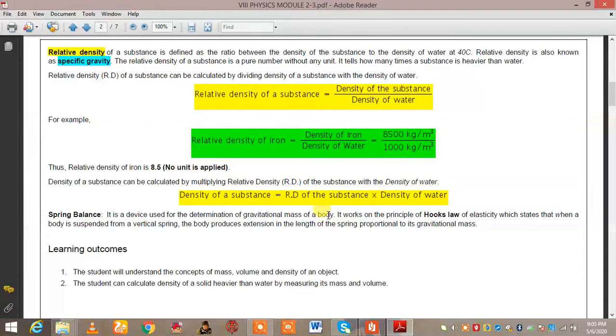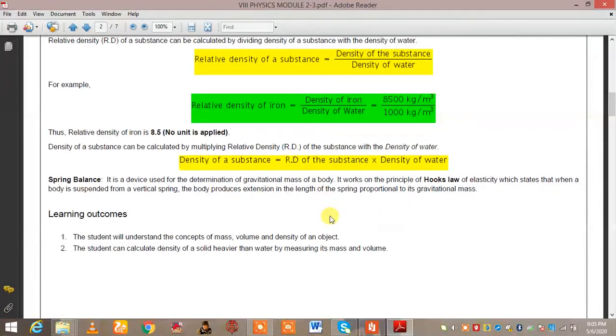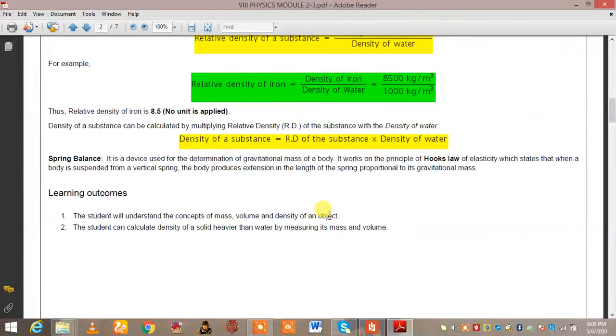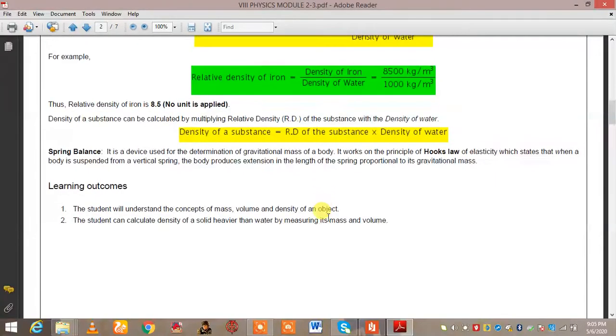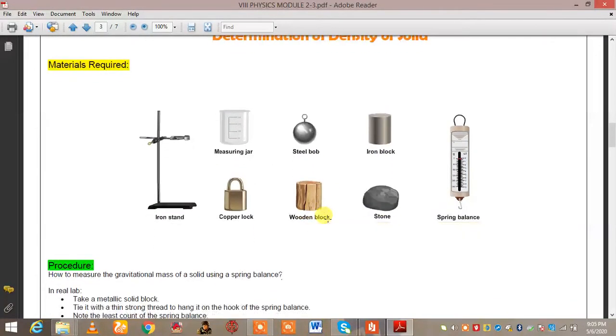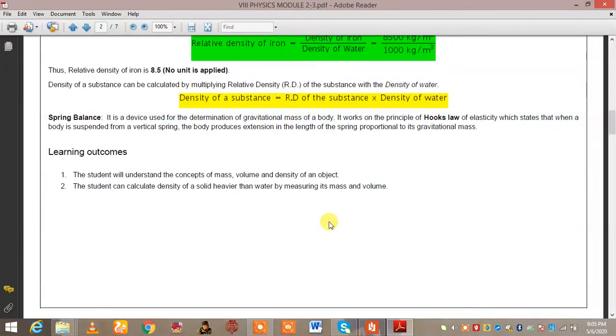First we take the mass of that density bottle in a spring balance. And if we need to take out the relative density of any particular liquid, then how do we do it? So let's discuss that. First we will take the mass of the blank, vacant density bottle, which will be M1.